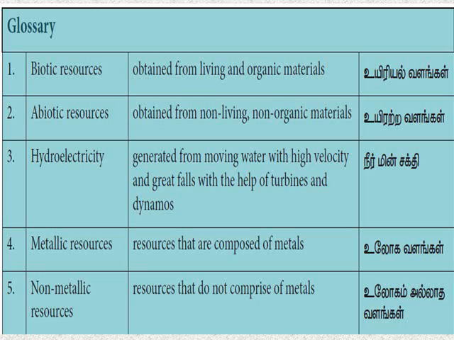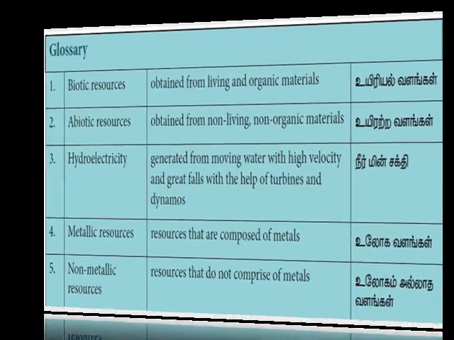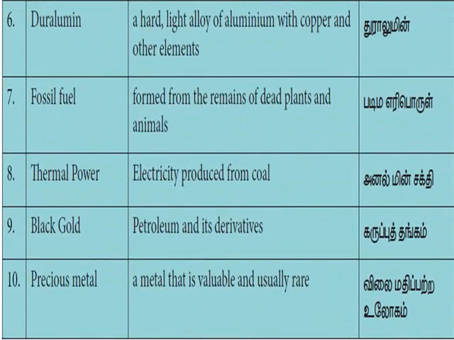Let us see the glossary. Biotic: resource obtained from living and organic material. Abiotic: resources obtained from non-living, non-organic material. Hydroelectricity: generated from moving water with high velocity and great falls with the help of turbines and dynamos. Metallic: resources that are composed of metals. Non-metallic: resources that do not comprise metals.